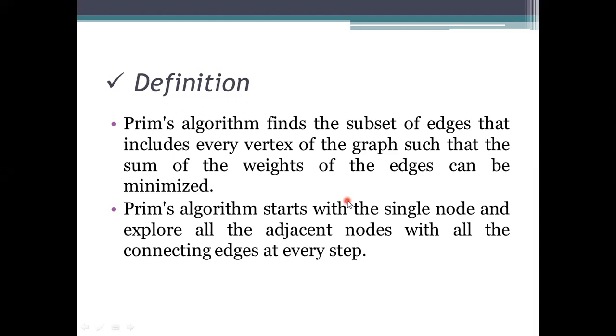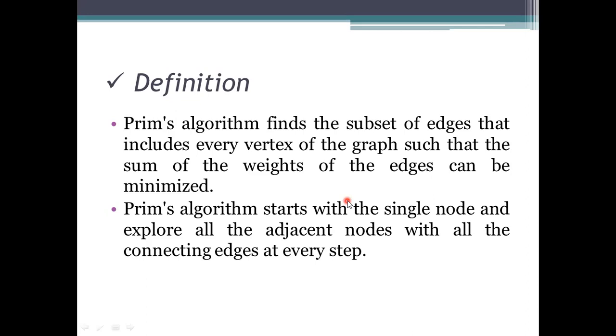In this representation, we form the minimum cost spanning tree by picking up a vertex here. So what could be the vertex? It means any vertex from the vertex set we need to pick randomly.